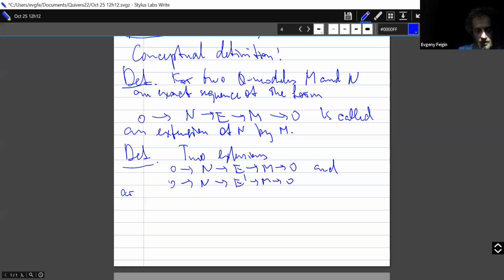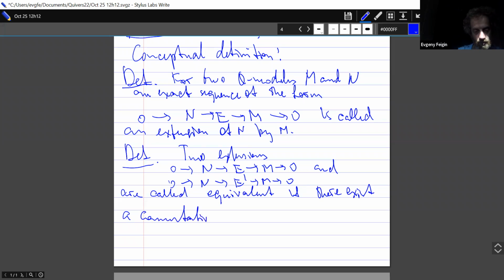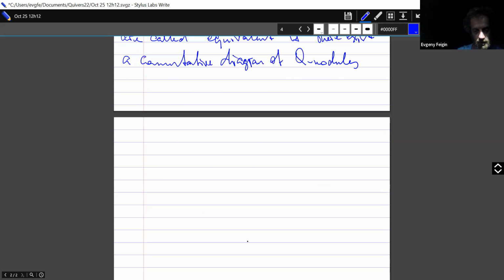They are called equivalent if there exists a commutative diagram of Q modules of the form.